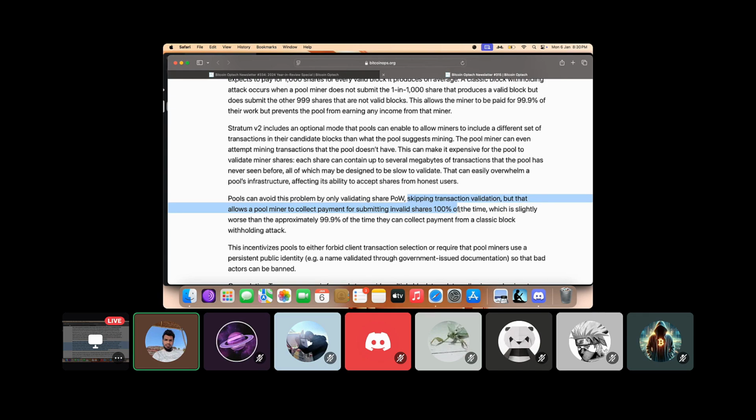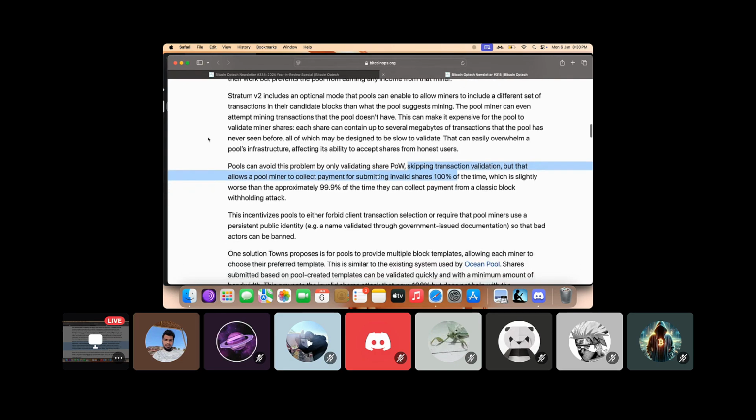So if we say we will not validate each and every transaction for a block that does not have adequate difficulty to be appended to the blockchain, and just pay the miner and move on, then this opens the door for miners to create blocks with invalid shares. This is the flip side of the coin.